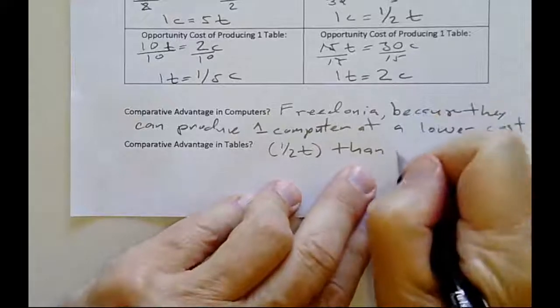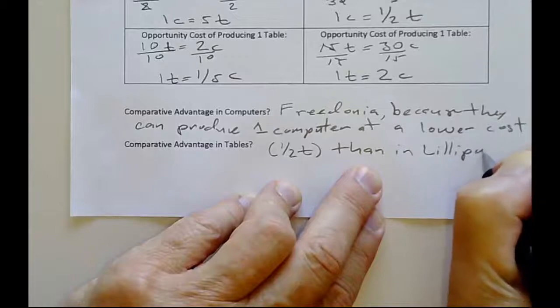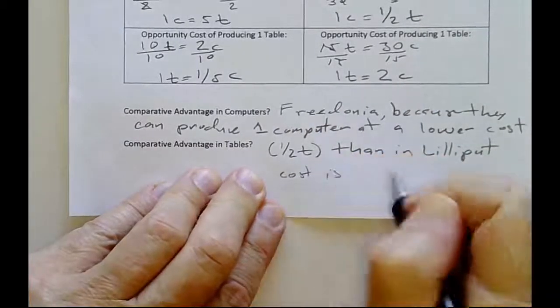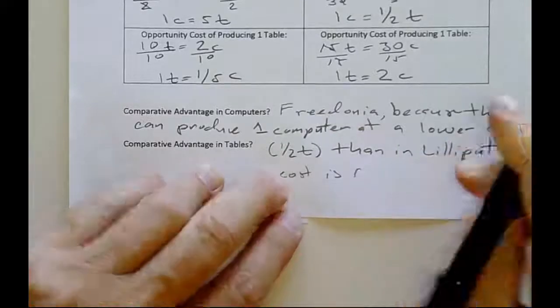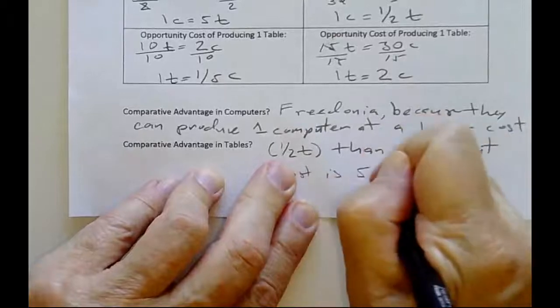Then in Lilliput, where the cost is 5 tables.